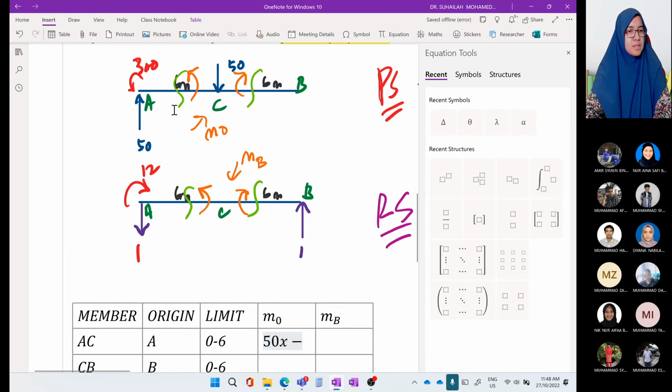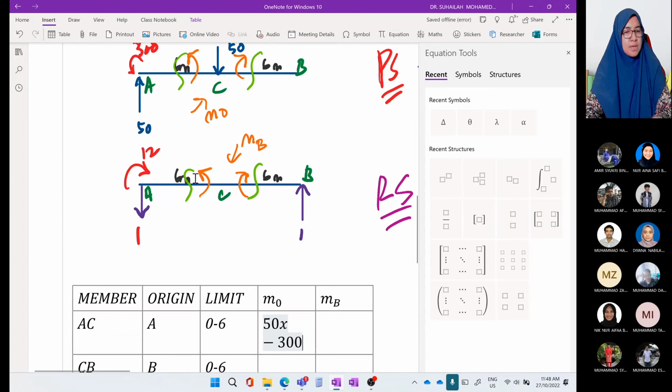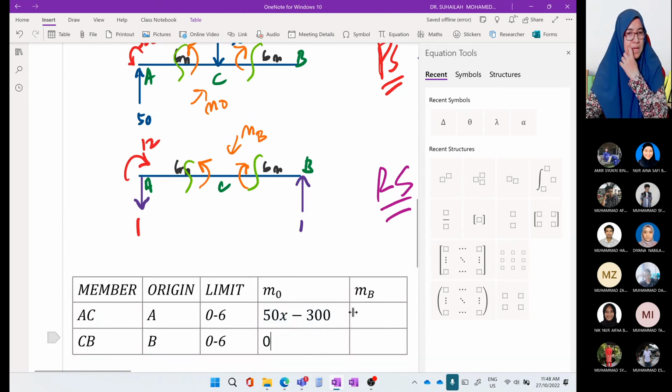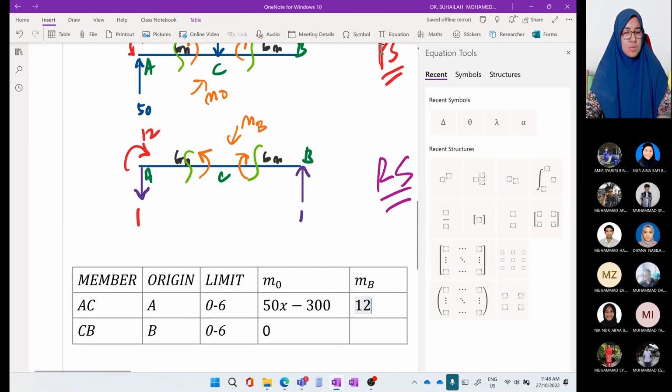50x minus 300. And for CB, M naught equal to 0. MB is 12 minus x for AC, and x for CB.